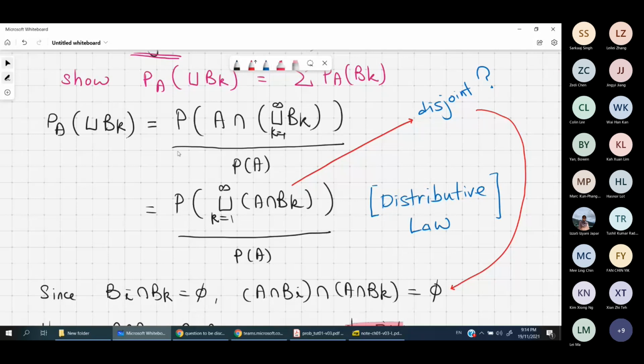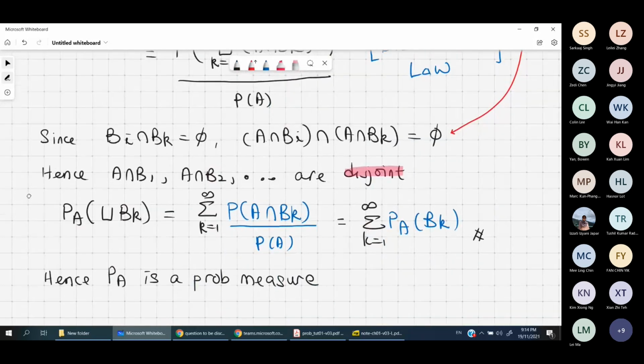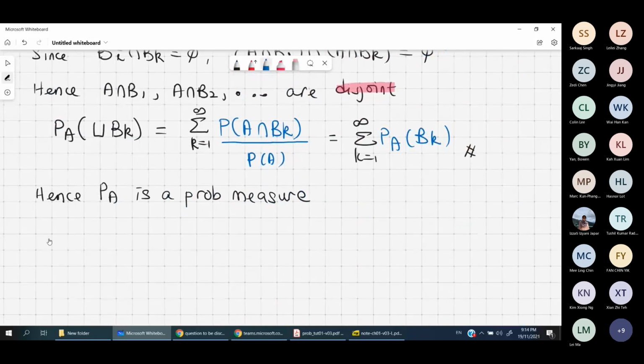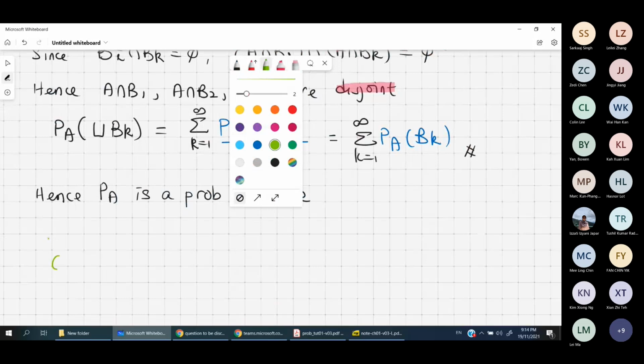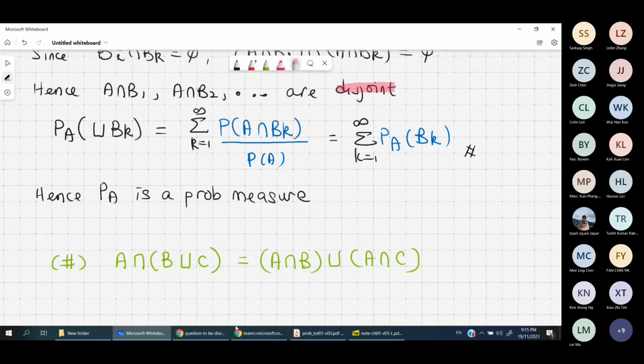Okay. I think we have this result, right? Maybe I just put it over here. A intersect (B union C) equals (A intersect B) union (A intersect C), right? Maybe I don't want to use C. Instead of C, I'm saying this is B1, B2.